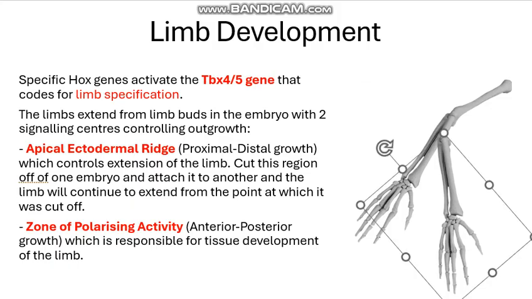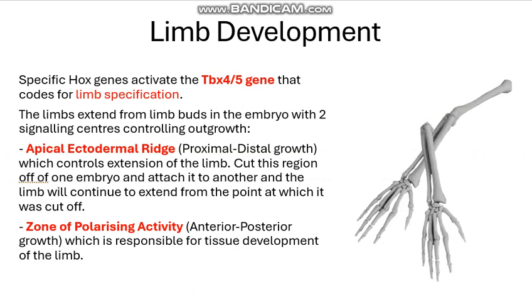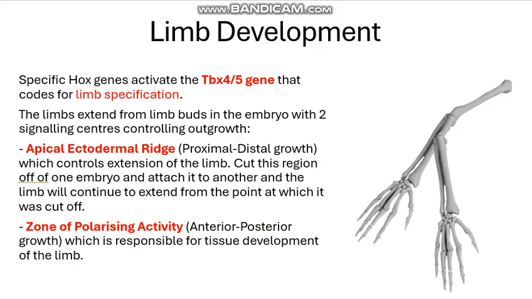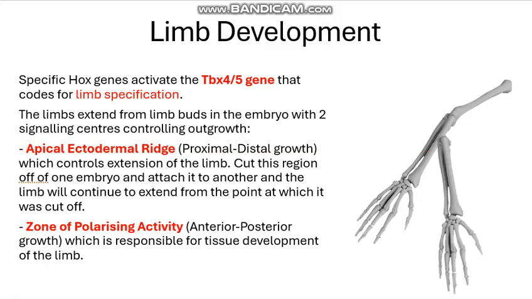But the apical ridge that we transplanted is going to continue growing from wherever it was in the original embryo that we've taken it out of, and you're going to get full development of another tibia, fibula, and the digits of the hand.